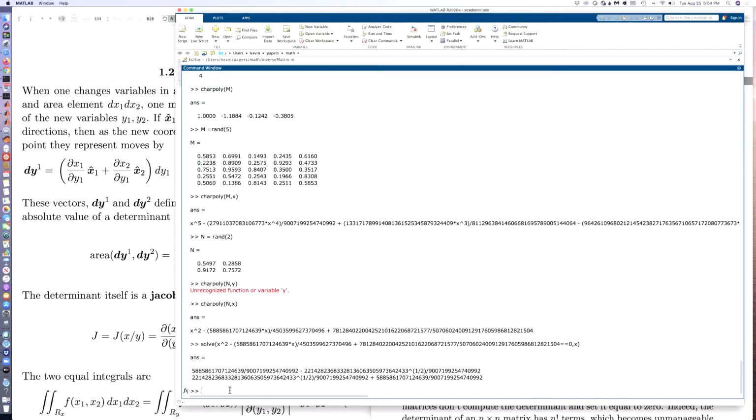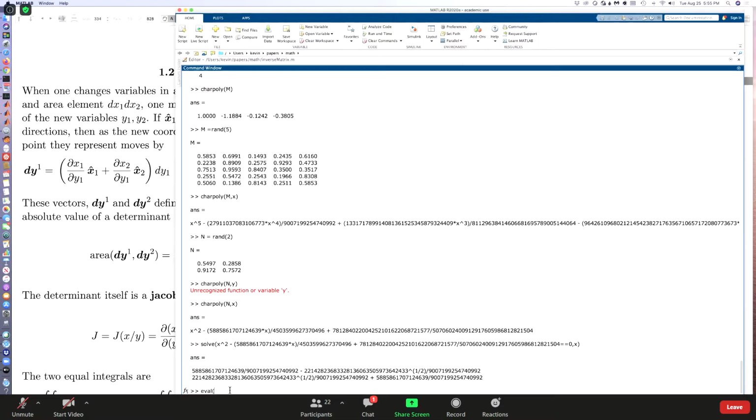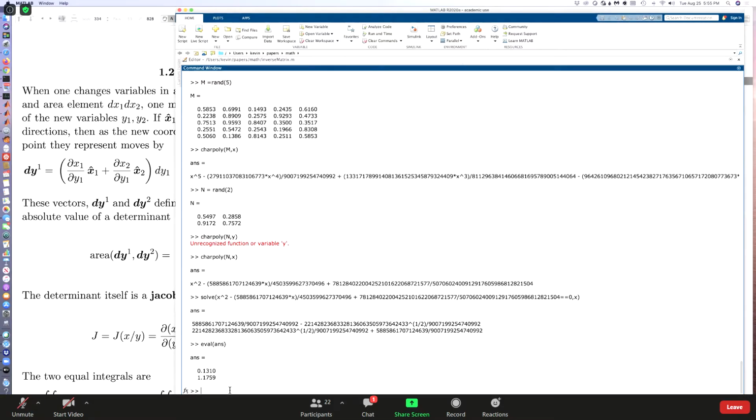And there it's given us the answers, but I would really like to know what those are. Let's try eval with answer, but I'm not sure that will help. Ah, yes, eval in MATLAB gives you a human readable formula for that.